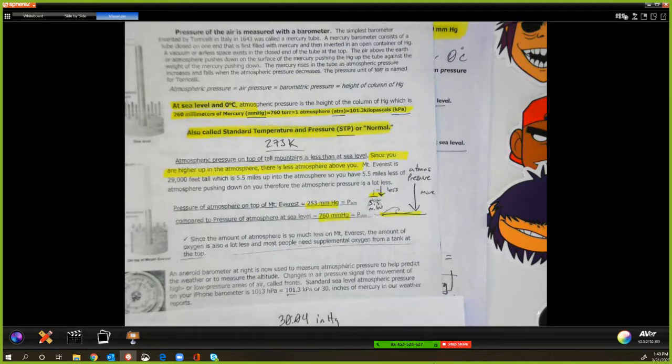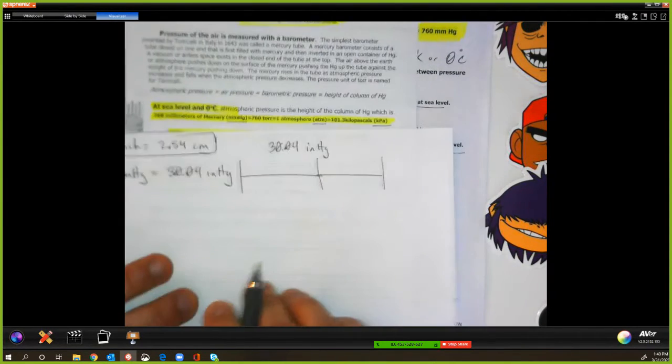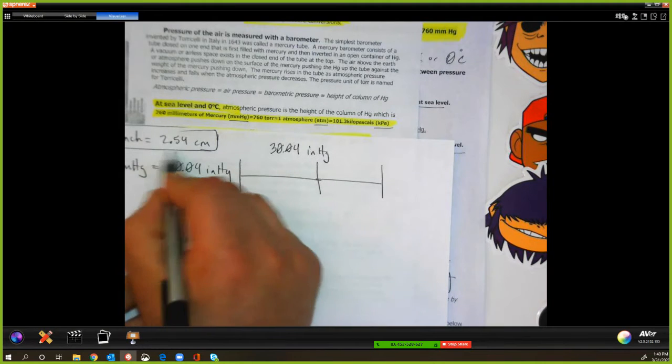And I know that this is going to be a couple of steps. I just know this from doing these conversions all the time. So 1 inch is equal to 2.54 centimeters.